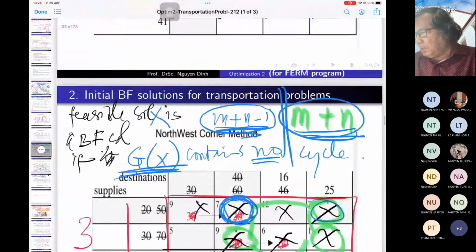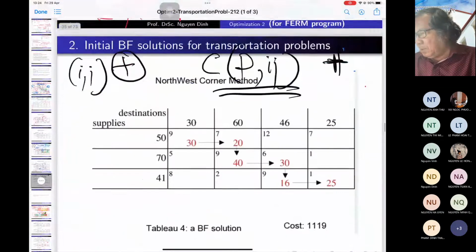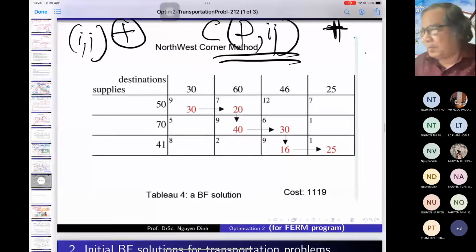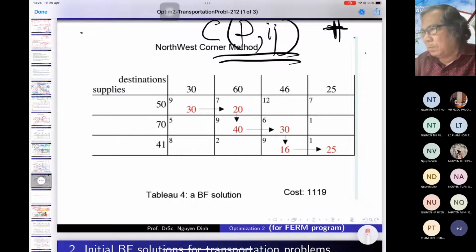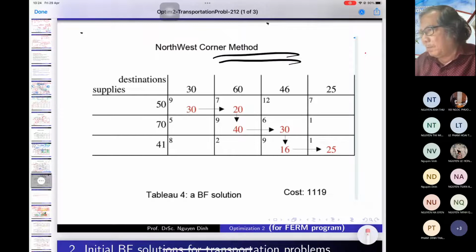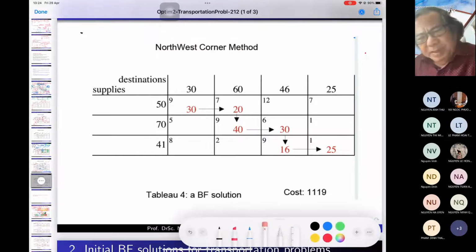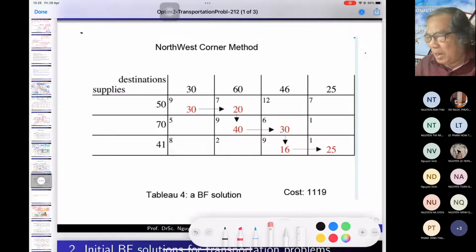Suppose that you have here a set B, this basic solution.